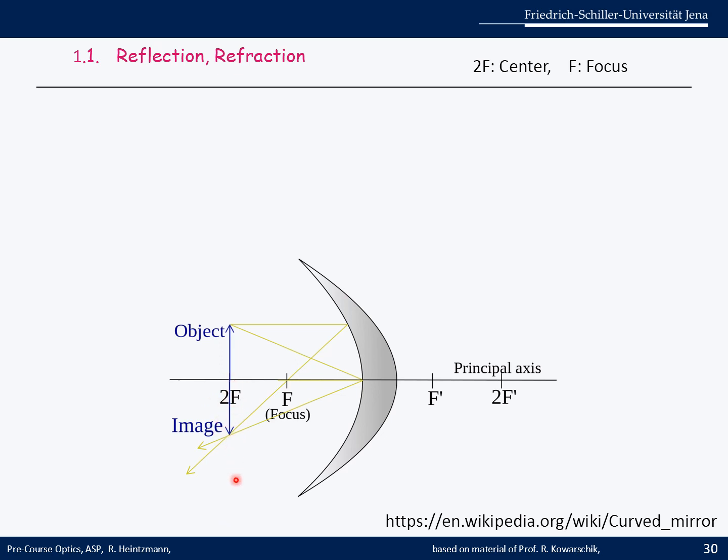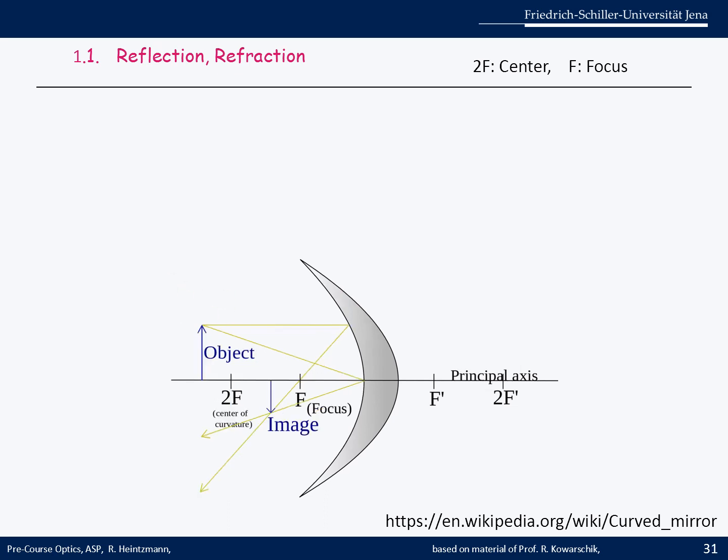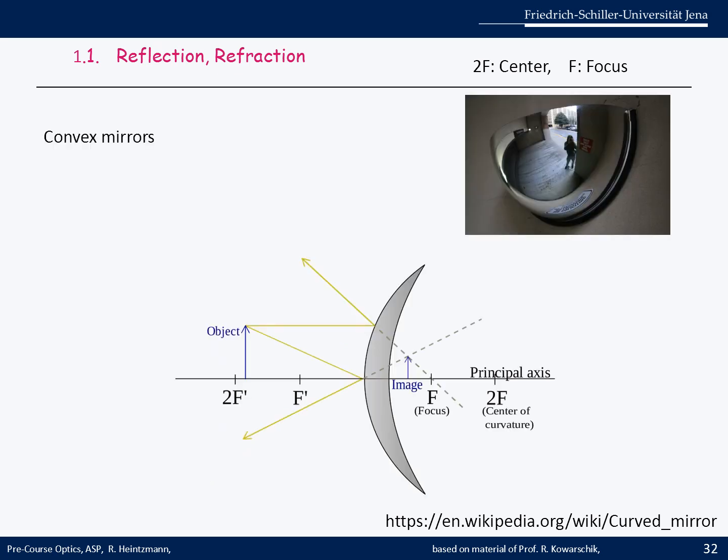We could actually put a screen here, and on the screen we would see a nice image of, for example, a self-luminous object. If we move it even further away, then we get a demagnified image that is real and inverted, like you see here.